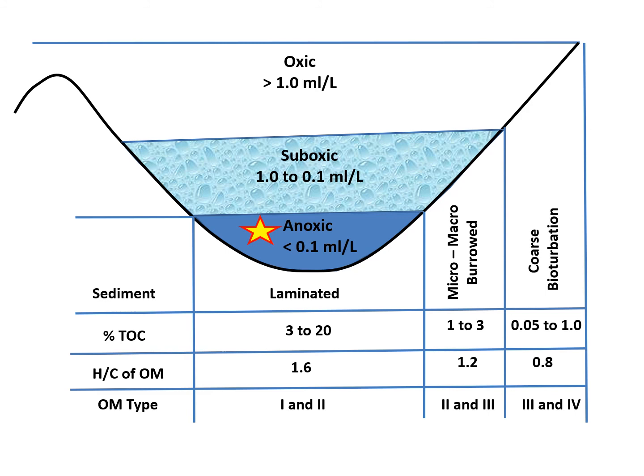So this illustrated picture is an example of a stagnant lake. You may see here there are three different water columns: oxic, that has more than 1.0 milliliter per liter of dissolved oxygen in water, then suboxic, with 1.0 to 0.1 milliliter per liter of dissolved oxygen, and then anoxic, that has less than 0.1 milliliter per liter of dissolved oxygen in water.